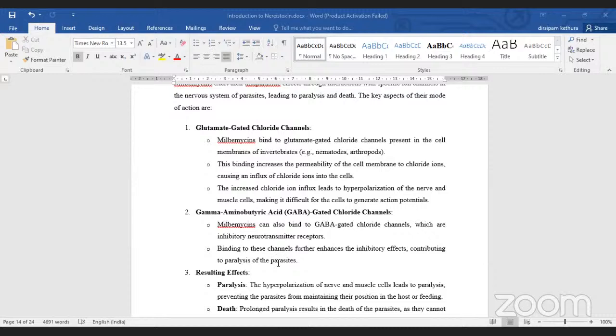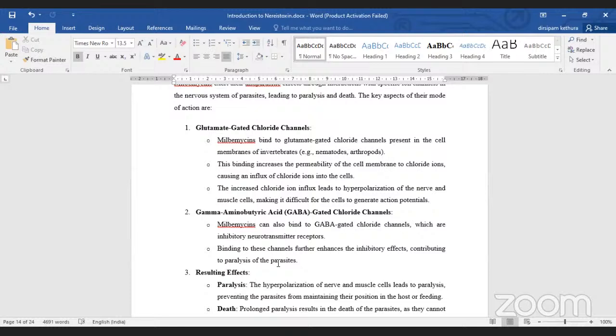Now we are going to talk about glutamate-gated chloride channels. Here, milbemycin will go and bind to the glutamate-gated chloride channels, which are present on the cell membrane of invertebrates.